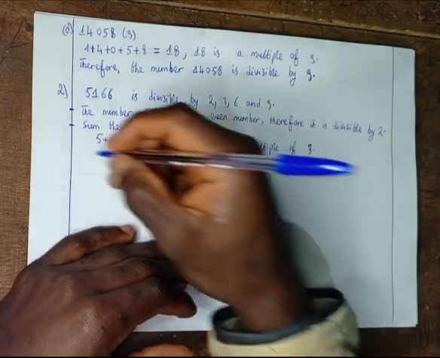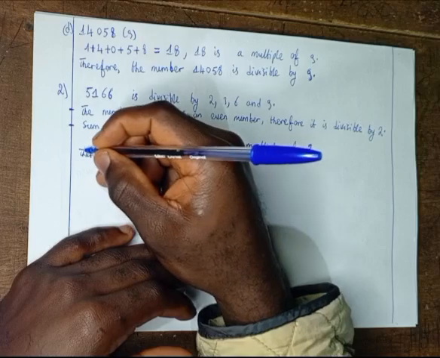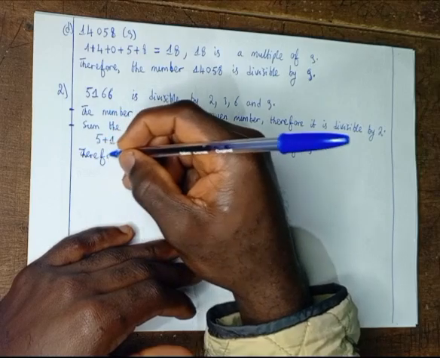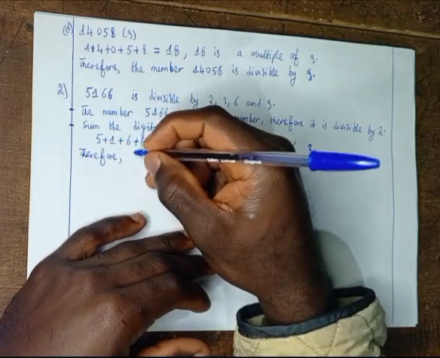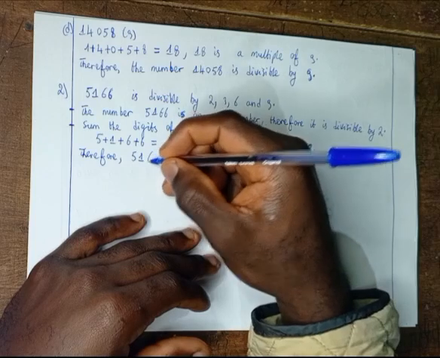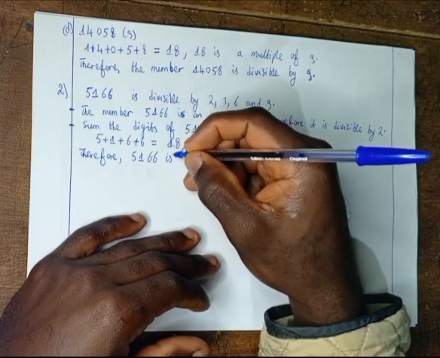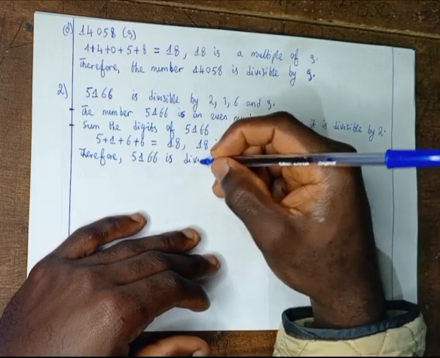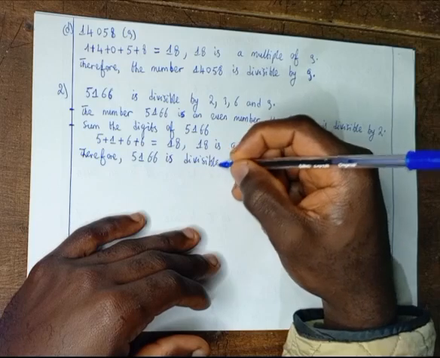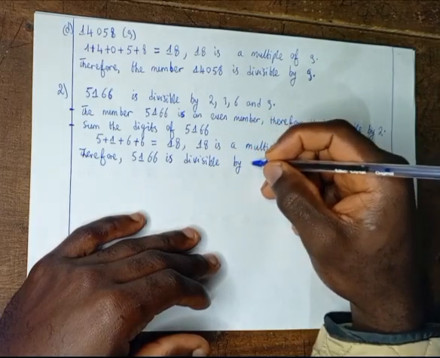We conclude, therefore, the number 5,166 is divisible by 3.